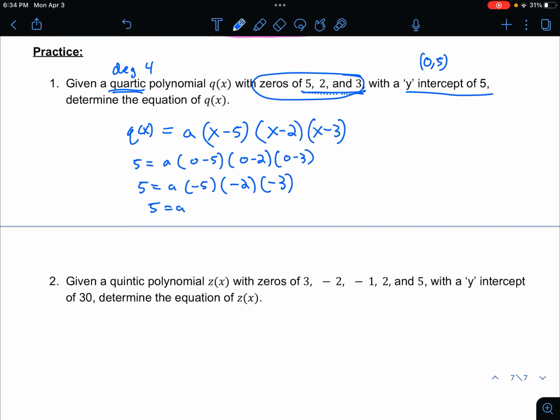5 is equal to a. 5 times 2 is 10 times -3 is -30. So a is equal to -1/6. Okay. Putting it all together, I get q of x is equal to -1/6 x minus 5, x minus 2, x minus 3.